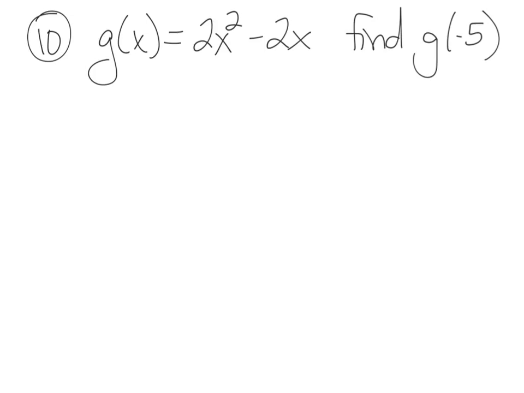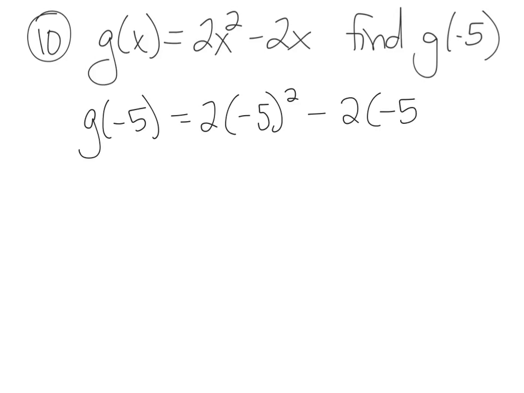All right, so now our equation changed, and it says if g of x equals 2x squared minus 2x, find g of -5. So again, I'm going to plug in parentheses, a -5, everywhere in this problem you see an x.